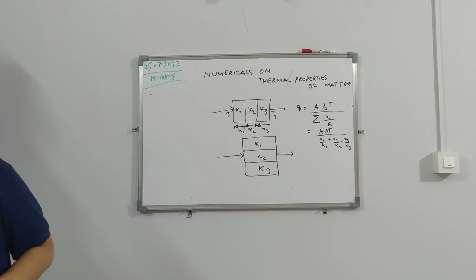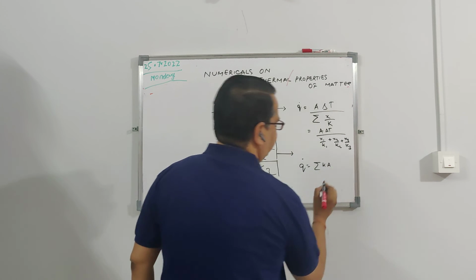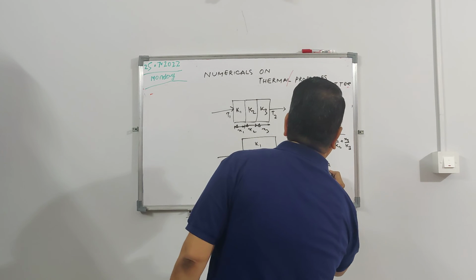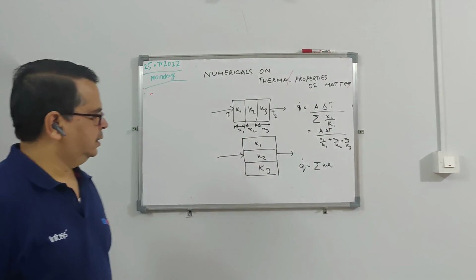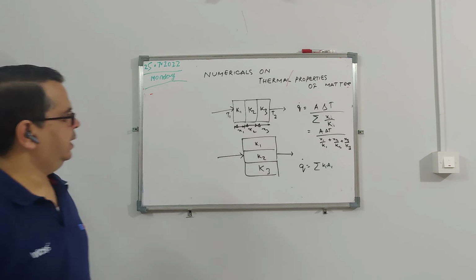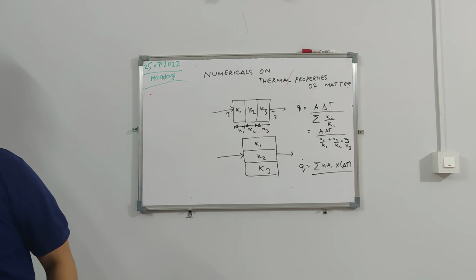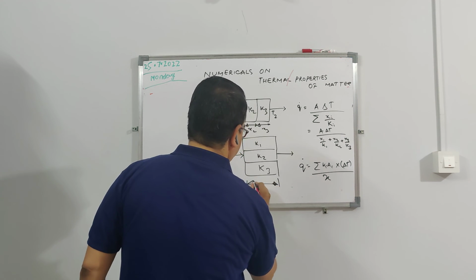And for this other kind of situation, the governing equation is sigma Ki Ai, multiplied by delta T divided by your total length. Here the thickness is the same, this is x.